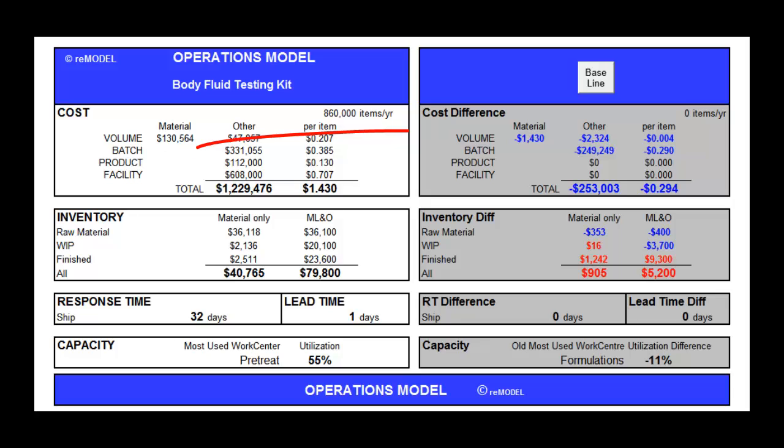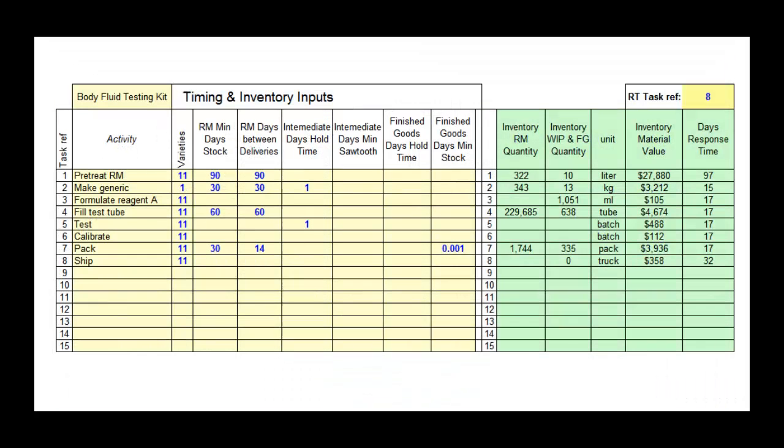Well, as we imagine, that's more or less half the batch cost and not much effect anywhere else. It has changed the most used work center from the formulations area to the pre-treat area, but neither of those is worrying in terms of utilization. So what else might we do? Well, let's have a look at timing and inventory. We defined the finished goods stock by specifying a non-zero number here.